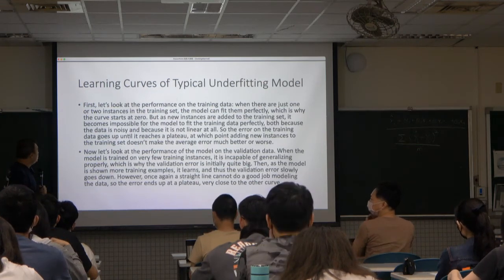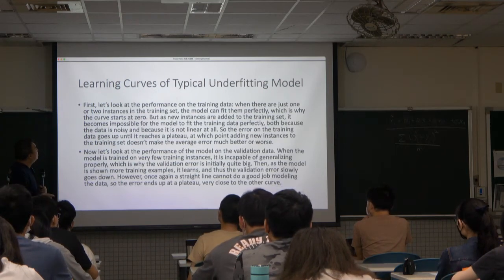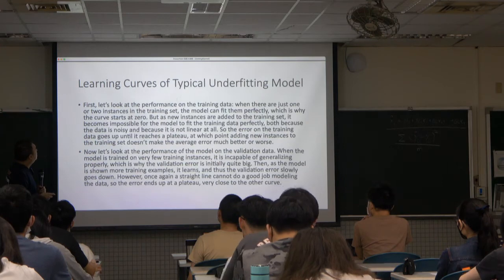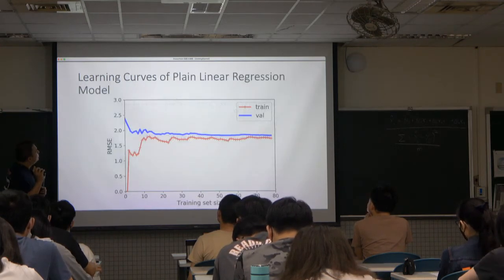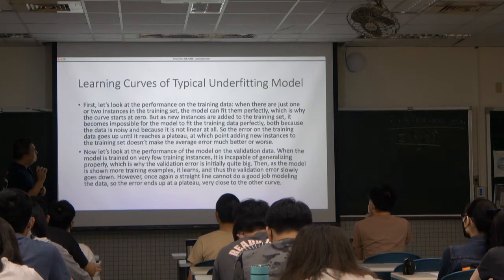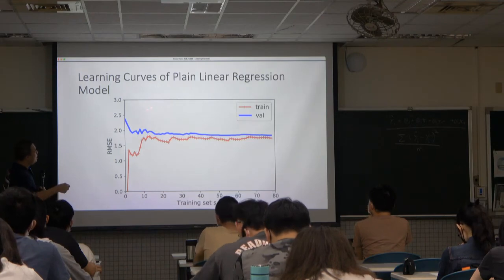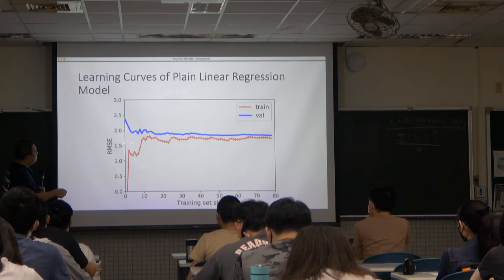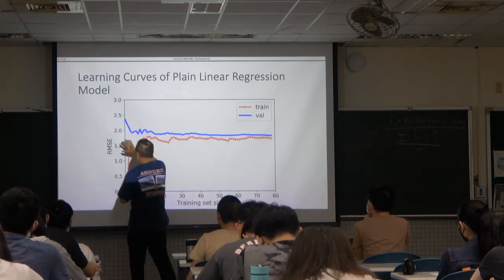This is the situation where you have underfitting. Why do we say it's underfitting? Even though you don't see the problem with these two lines, the RMSE, this error, is very high.